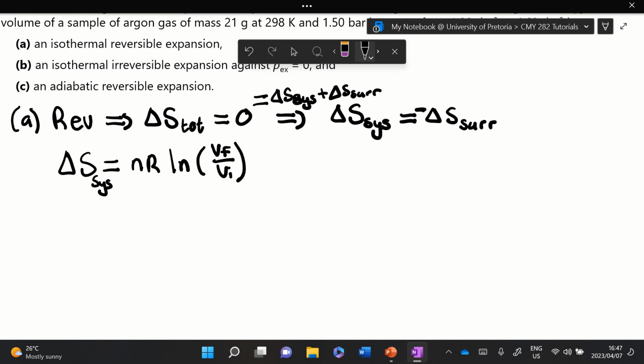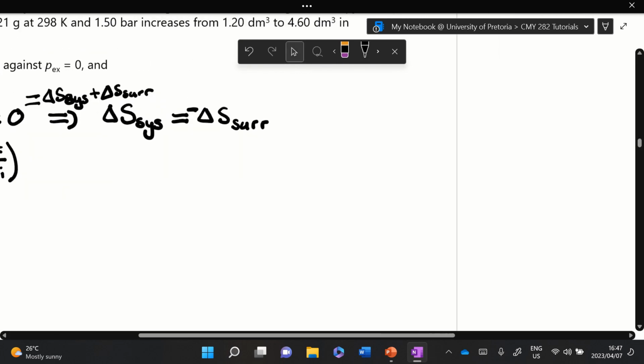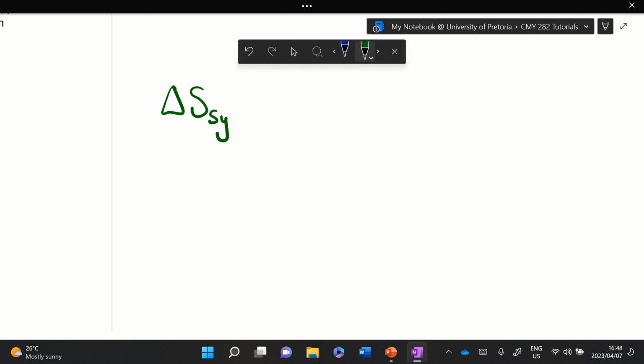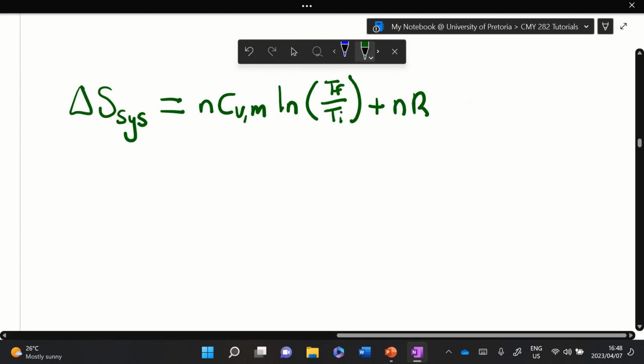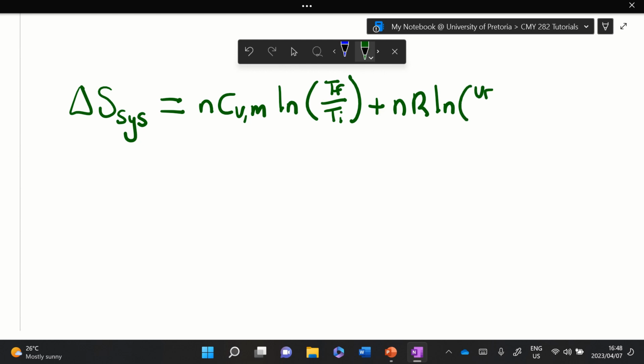Something else, just as a general note, I'll put it here on the side in green. Remember what we always have: we always have this definition for the system, delta S equals n Cv,m ln Tf over Ti plus nR ln Vf over Vi, for expansion and heating. So we always have this general definition.